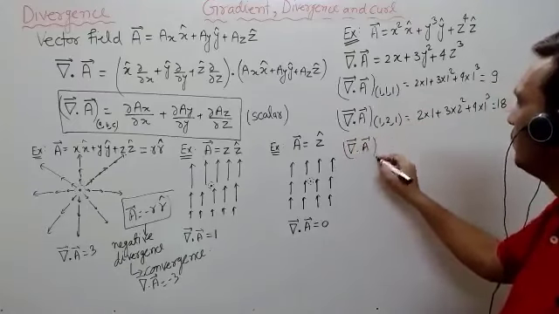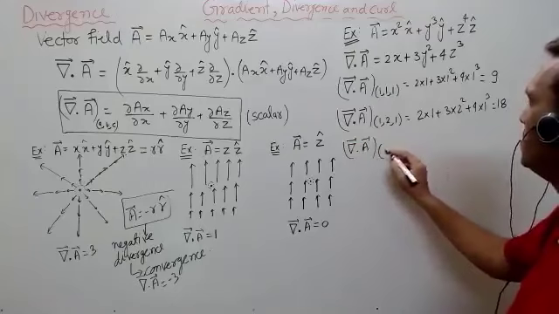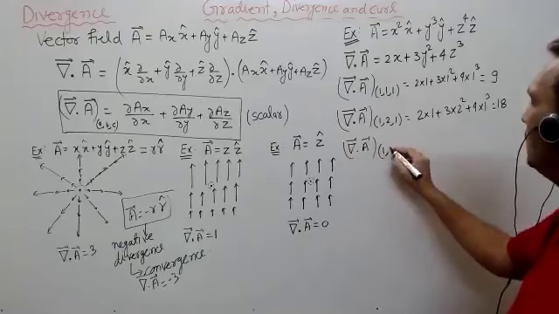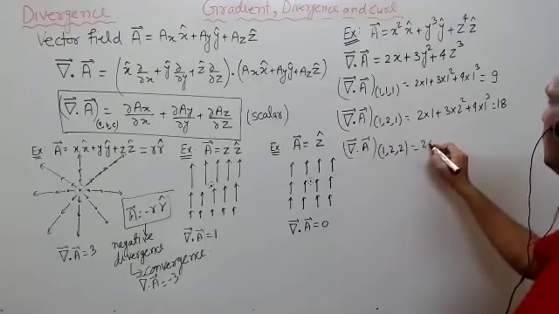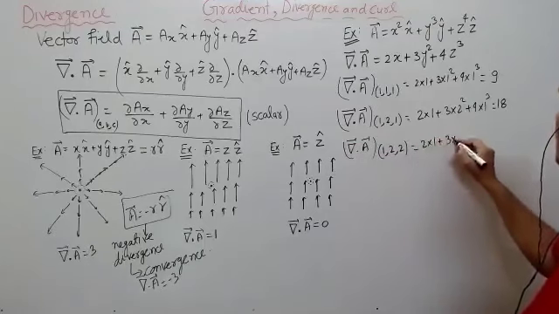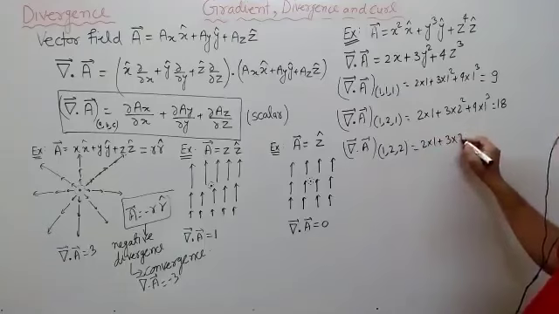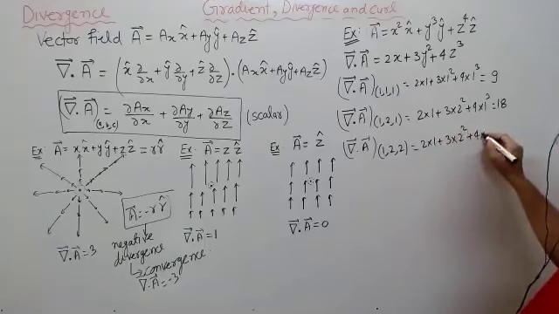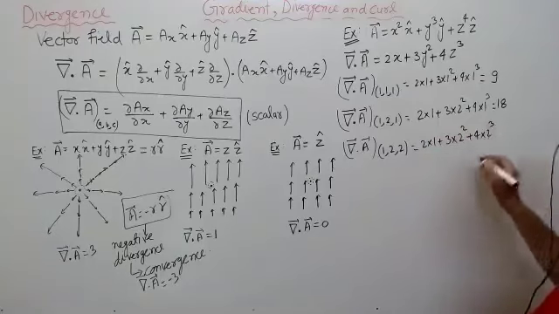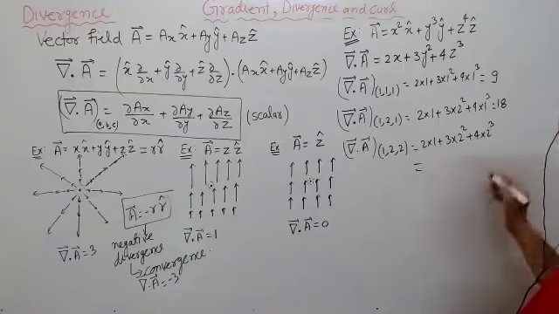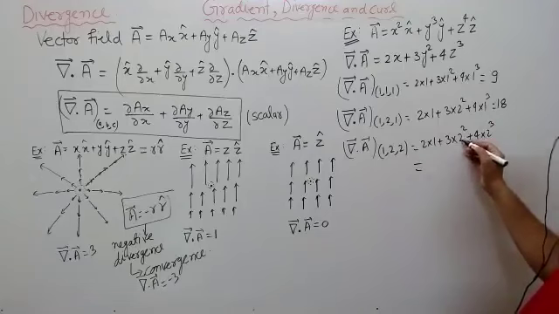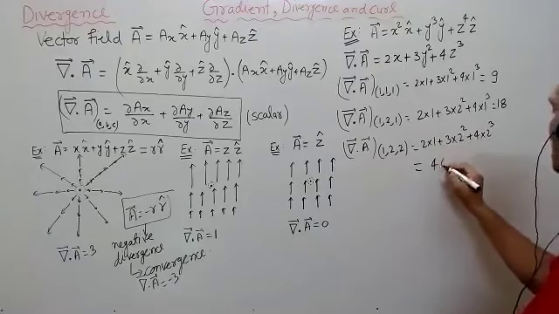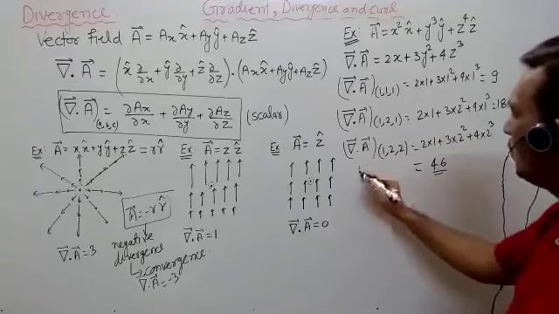Let us take some other point. Let's take 1, 2, 2. So this is 2 into 1 plus 3 into 2 square plus 4 into 2 cube. So what will be this value? And so on.